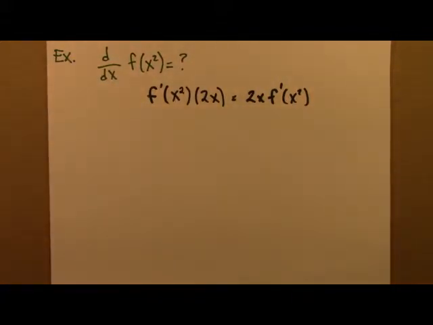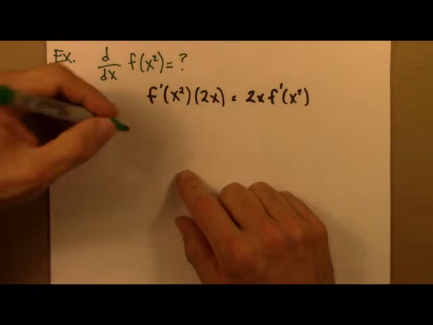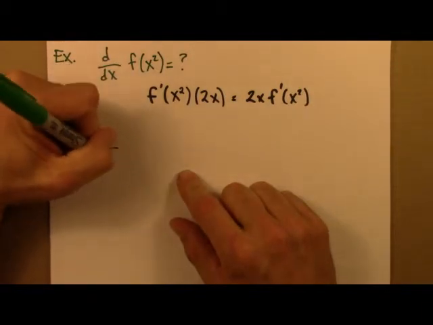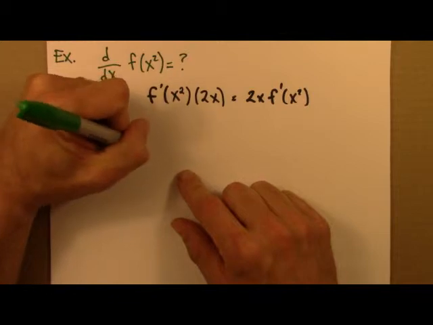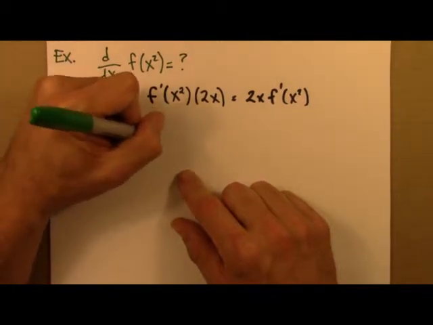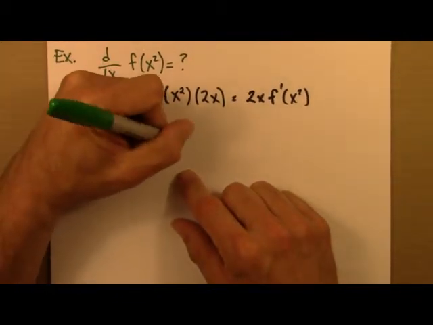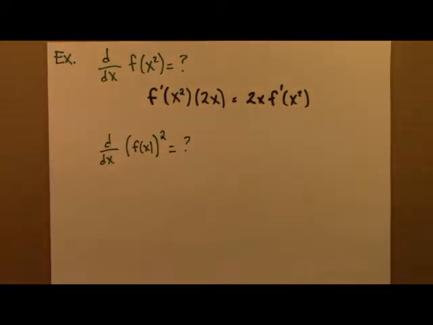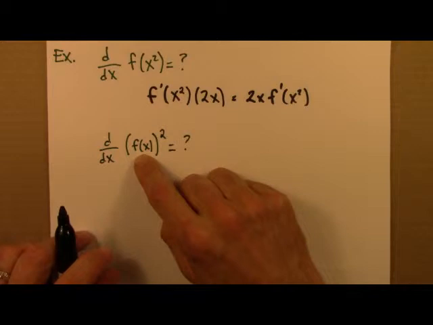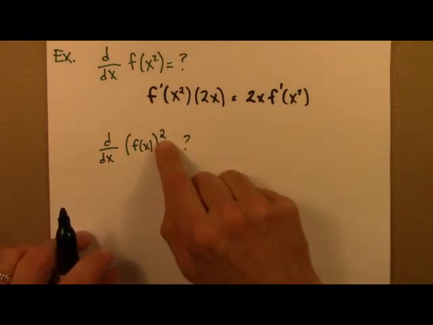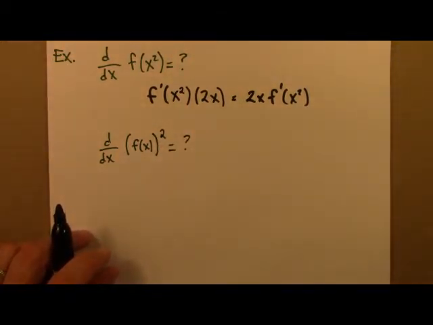We could also imagine having this situation, but where the inner and outer functions were reversed. So I could have f of x, squared. So for this one, f of x is now the inner function, and squaring is the outer function. So let's apply the chain rule like before.